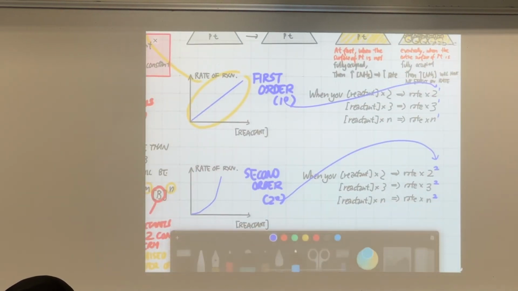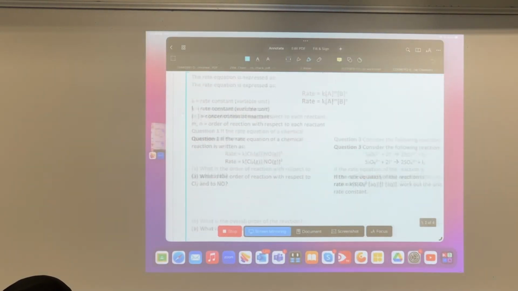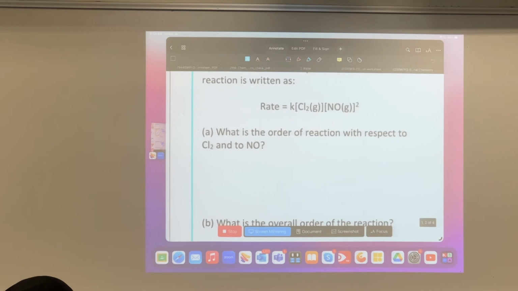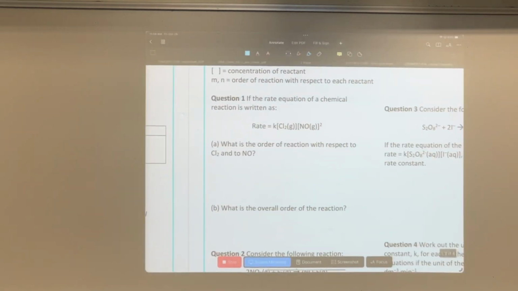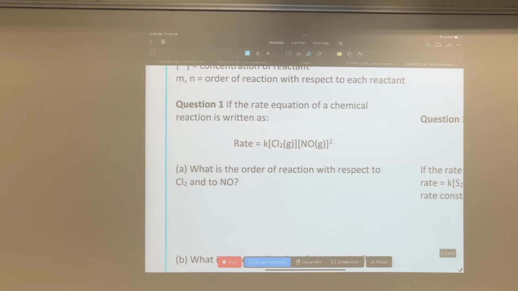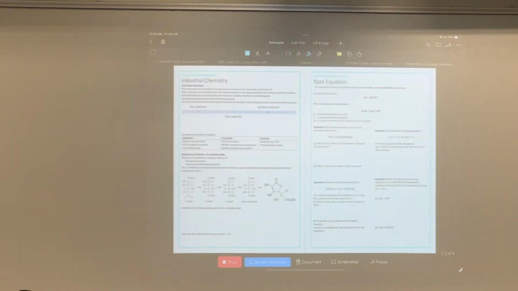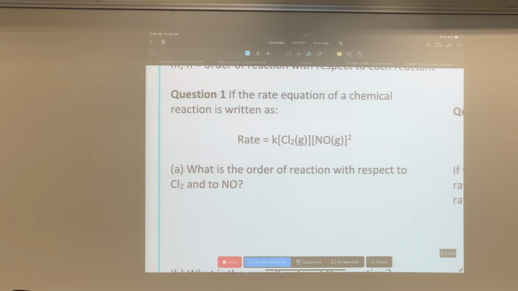Okay, so how do we find the order of reaction? Let me put this on, I think I have some short exercise here. If you have the worksheet, you can take it out. If you don't, I will just write it on here. We are on page 2, by the way. If the rate equation is shown below, how many reactants are there first in this reaction? There are 2 reactants. But what is the order with respect to each?